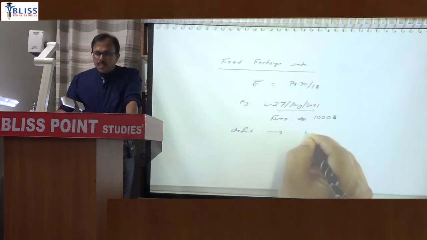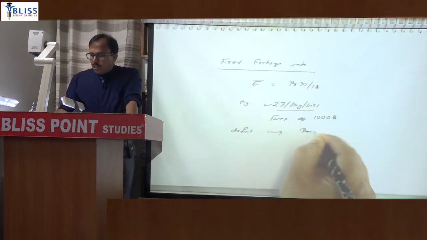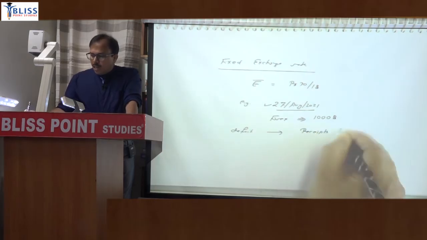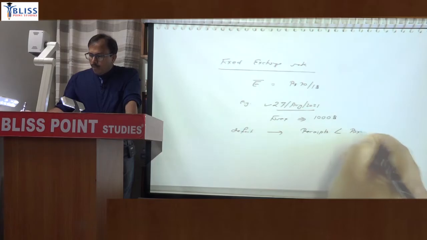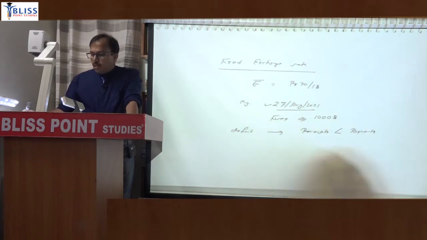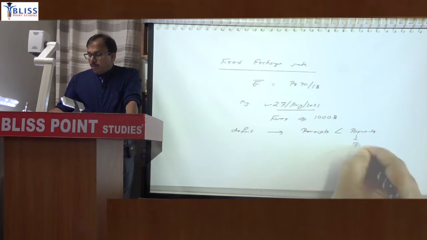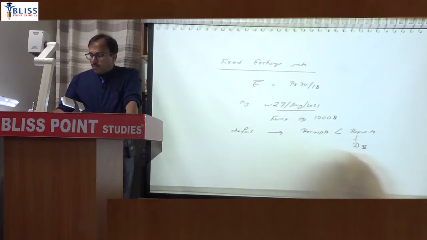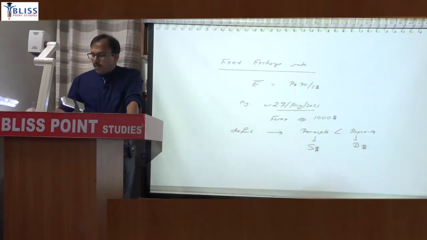So in the deficit condition, the receipts are less and payments more. Payment is basically demand for foreign currency, and receipt is basically supply of foreign currency. So if payment is more and receipt is less, who is filling this gap?